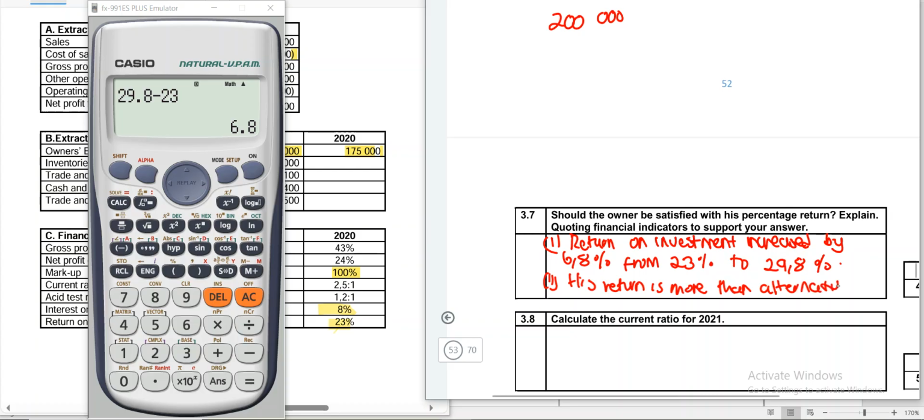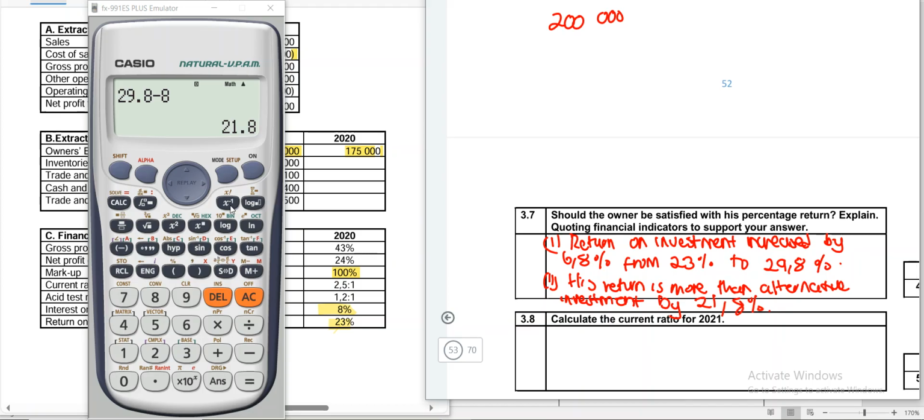It's more than alternative investment by, let's see, 29.8 minus 8%. So it's more by 21.8%. So therefore the owner should be happy. Okay, so this is how you comment on a return question.